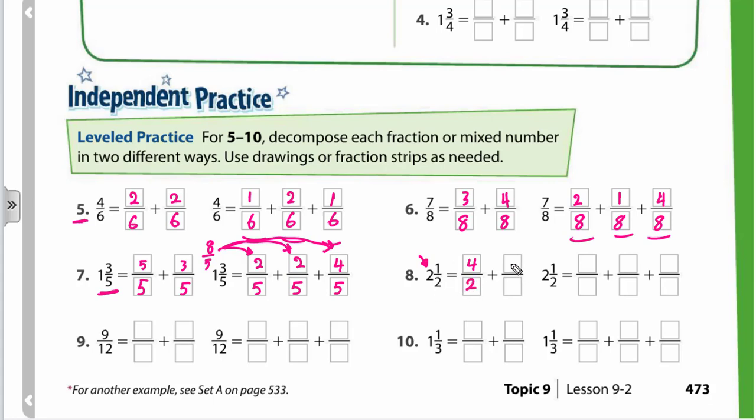And we have another half here. So the total is how many halves? 4 plus 1, so 5 halves. Break the 5 halves into 3 fractions. Go ahead.